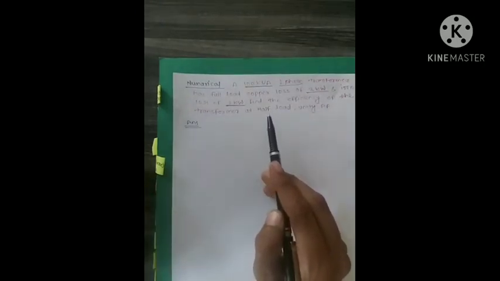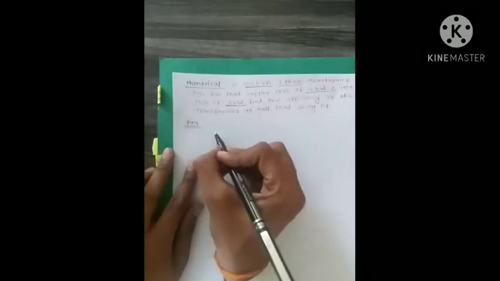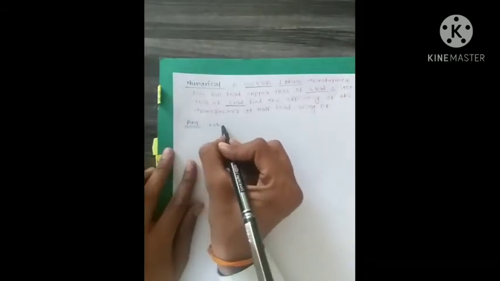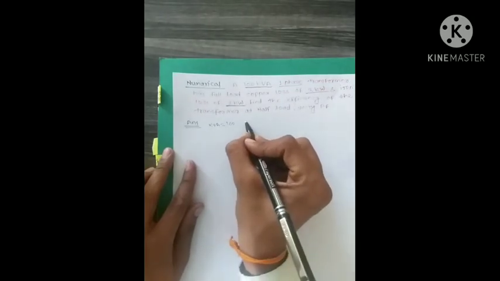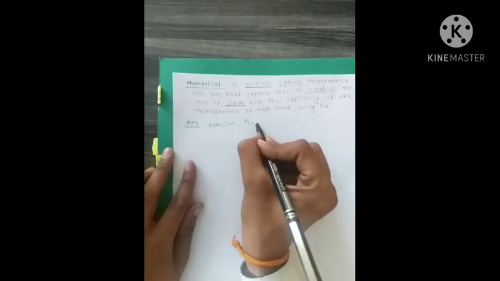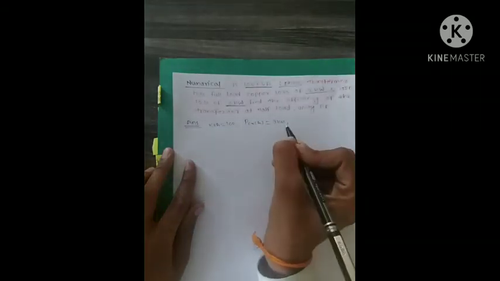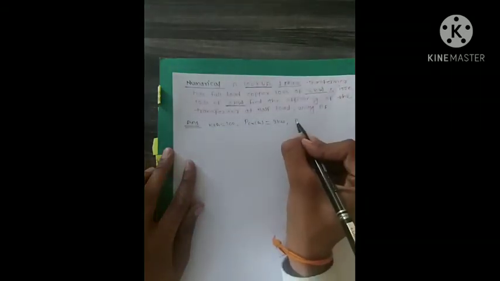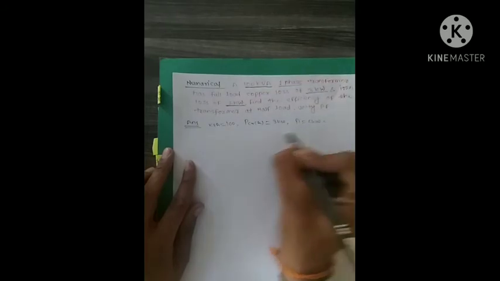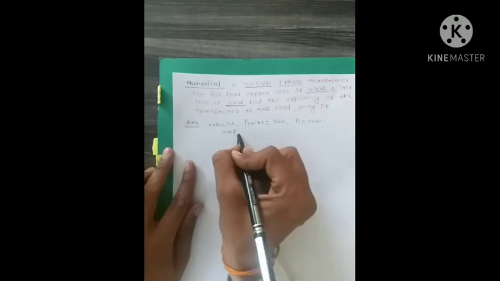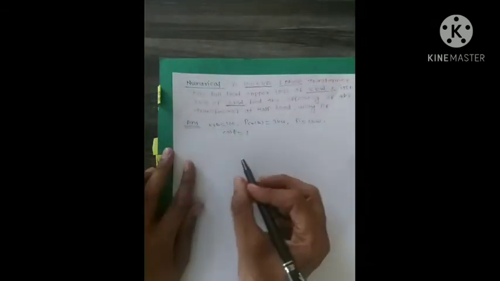Okay, this is a very simple numerical. So let's start. What is given? kVA equals 100 kVA, copper loss PCU at full load is 3 kilowatt, iron loss is 2 kilowatt, and cos phi is 1.